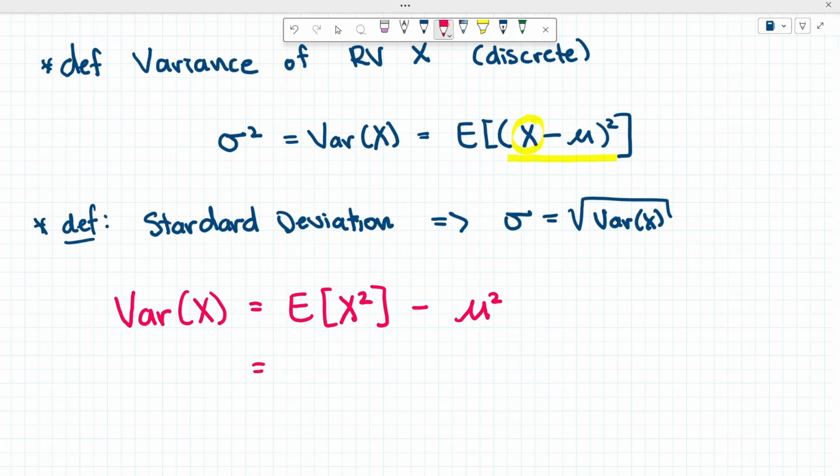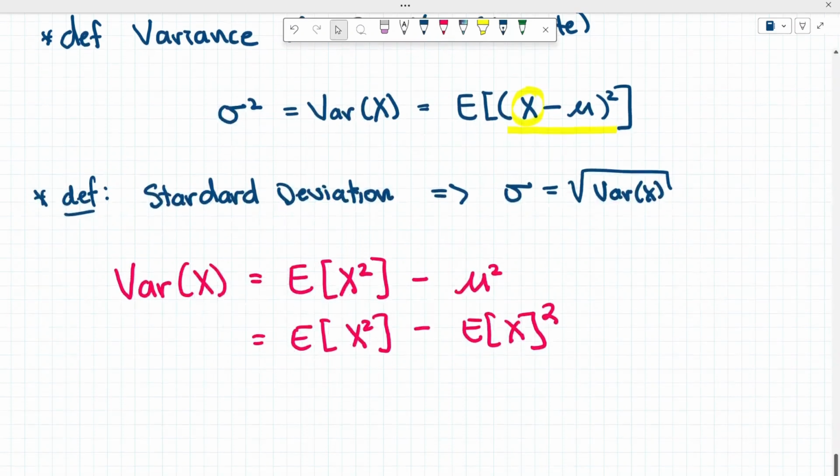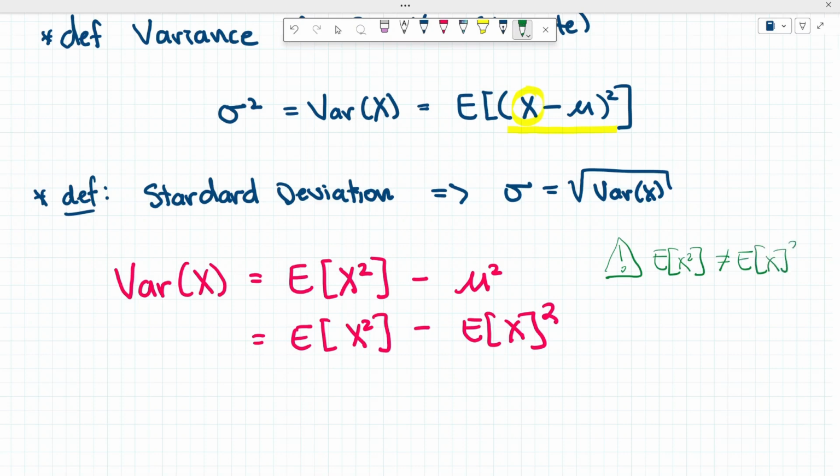So this also equals the expected value of x squared minus the expected value of x, all squared. Please be careful: the E of x squared on the inside does not equal the E of x, squared, on the outside. These are two separate definitions, okay?